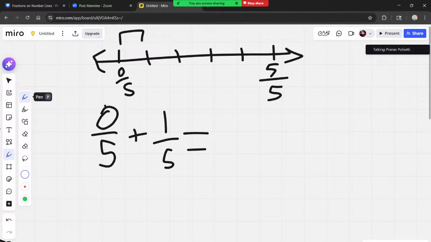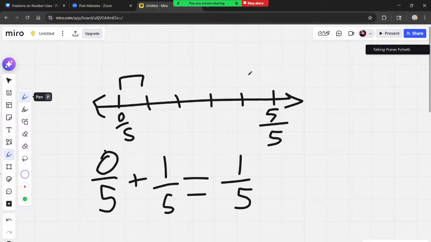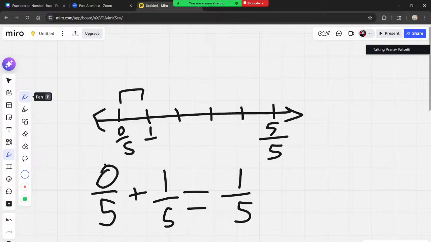So 0 plus 1 equals 1. And then we don't add the denominators, it stays the same. It stays as the total amount of pieces that you want to get to, not what you have. So 5 on the denominator and then 1 on the top. So that's the next number.